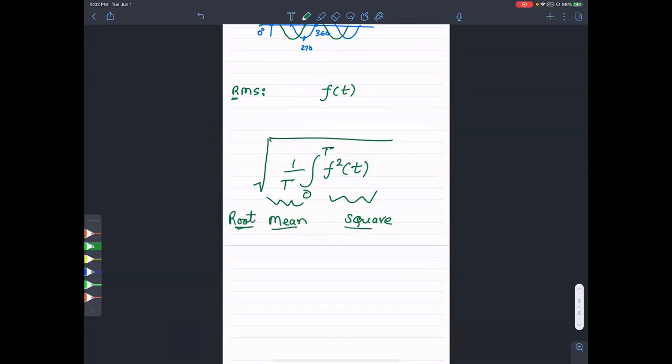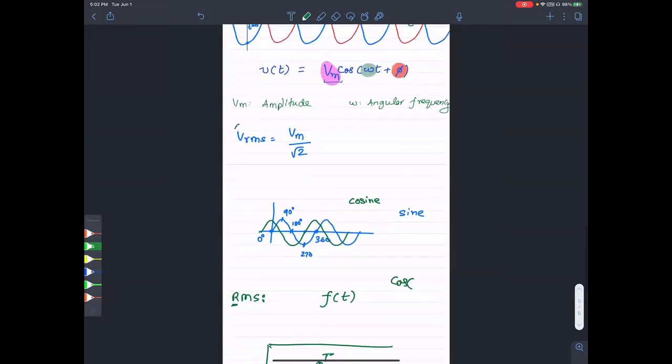Okay, so if you want to do the same thing for a sinusoidal wave, Vm cosine omega t, if you do it formally, you will find that the root mean squared value of a sinusoid is Vm over square root of 2.